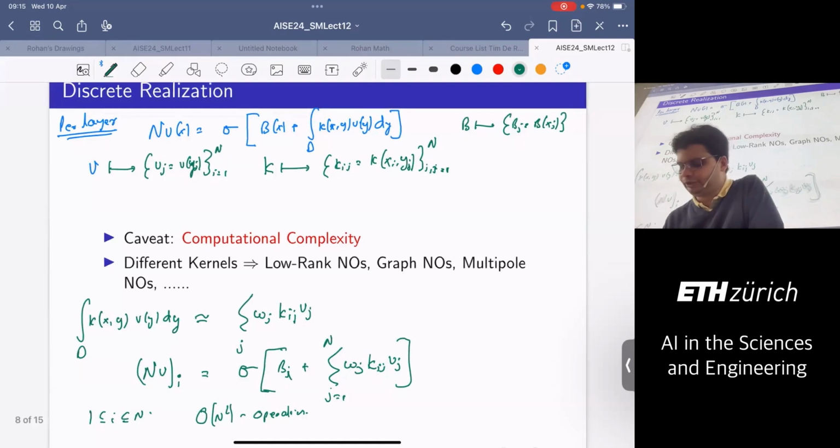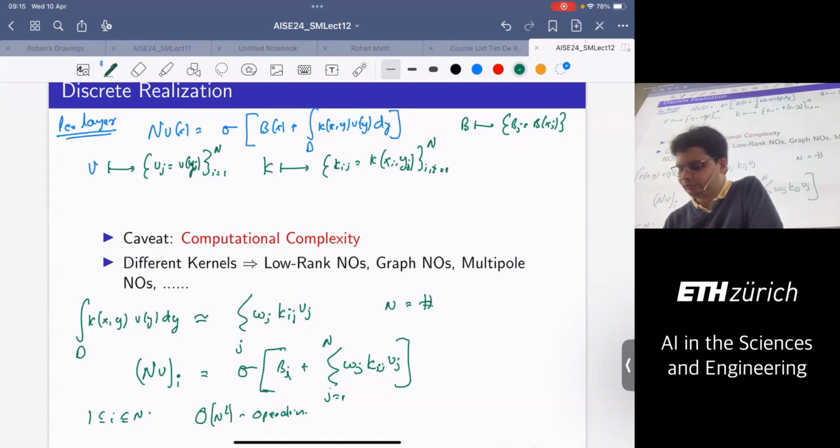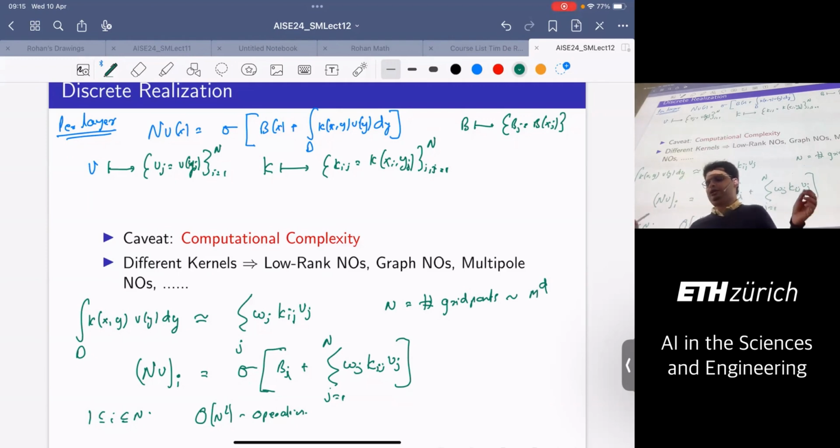N is the number of grid points, and this in particular is given by some m to the power d. So in one dimension, you just have 10 points. In two dimensions, it will be 100 points, 10 squared. In three dimensions, 1000 points, and so on. So the total operation count is of the order of m to the power 2d. So it grows exponentially in dimension and it's quadratic, the growth, not linear.